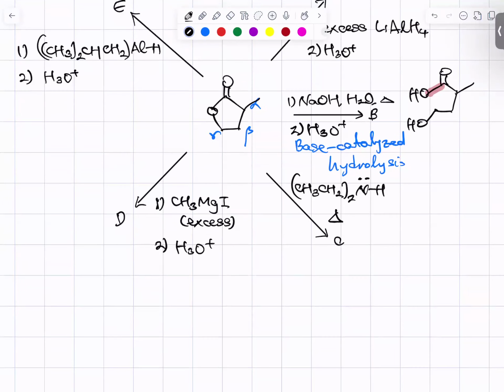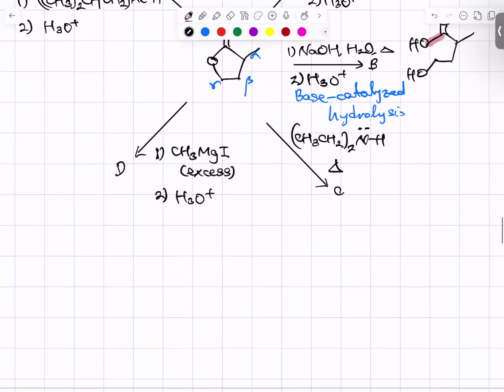And when you use this secondary amine with the heat, then amide will be forming. So it will be forming amide right there, nitrogen with ethyl group. Amide will be forming and coming down here, and it will be forming an alcohol. So one side is amide, the other side alcohol.